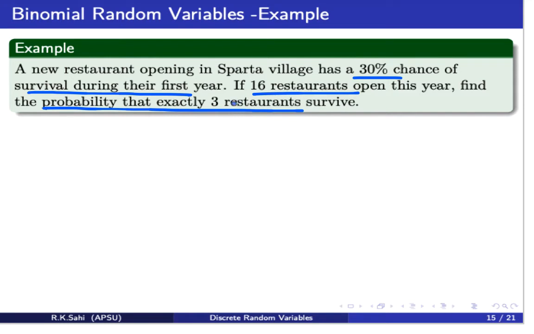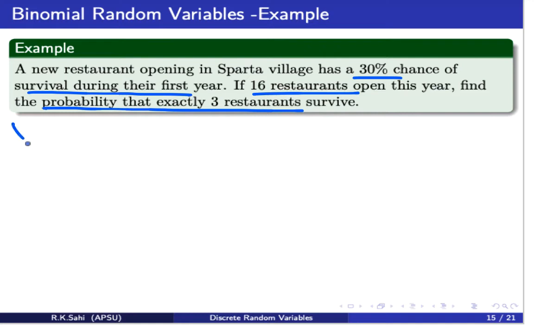Okay, so let's look at this problem. The main thing which you have to notice is what are the outcomes, and from their outcomes, we kind of go further. So how many outcomes? Either the restaurant survives or does not survive.